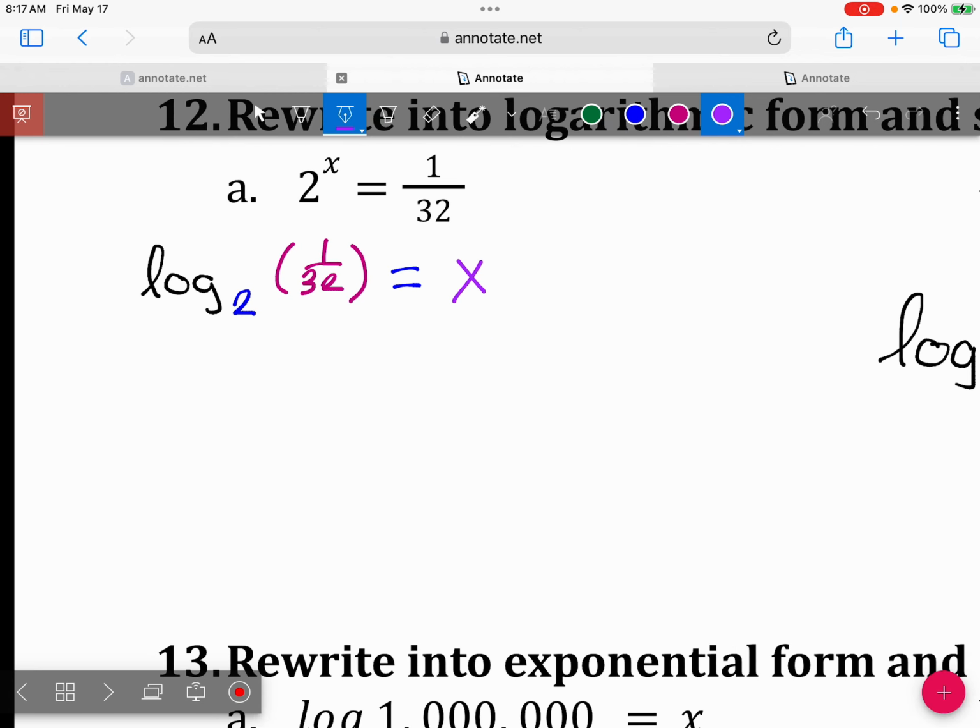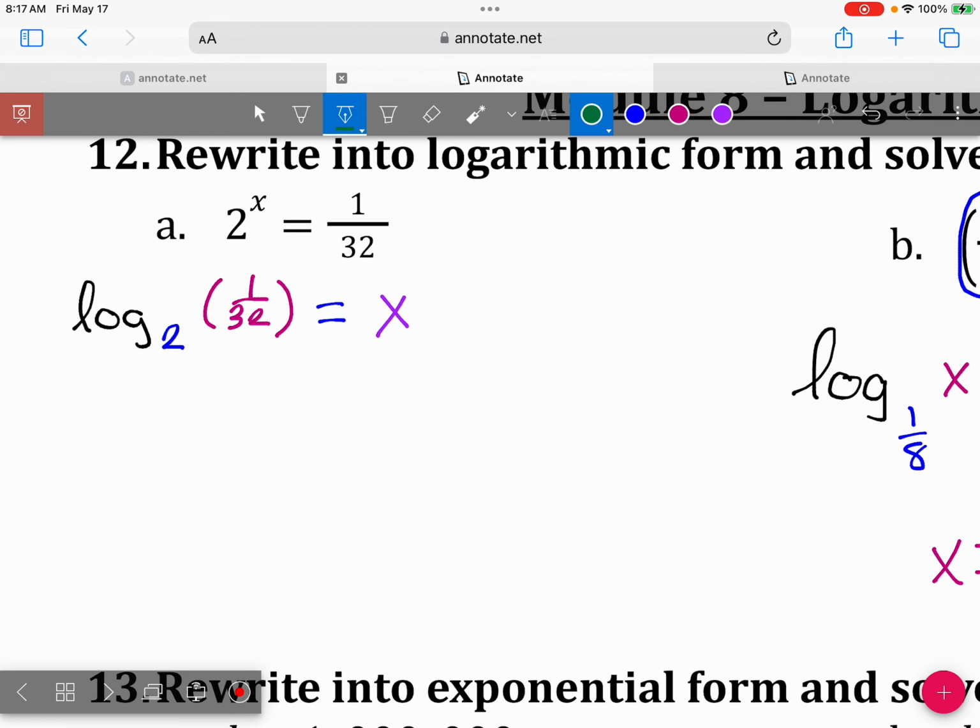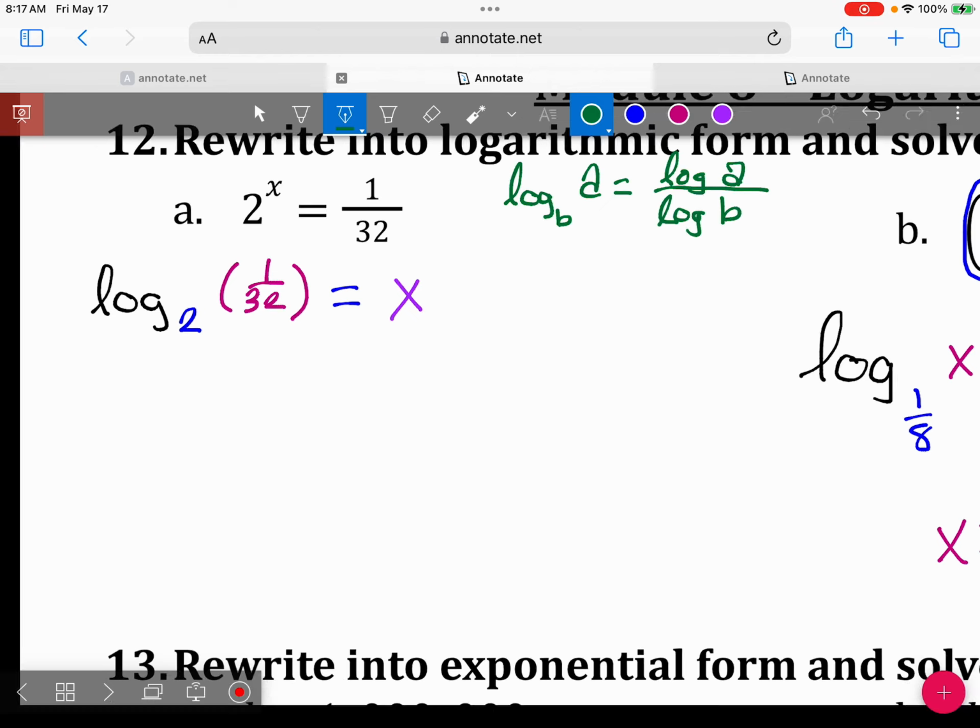I don't know my log base 2s off the top of my head, and I do not expect you to either. If we know our powers of 2, great. If not, we can use our change of base formula. Our change of base, I'll write that over here: when we have log base B of A, I can do that as either my common log base 10 of A over my common log of B, or you can do the same thing with the natural log, ln.